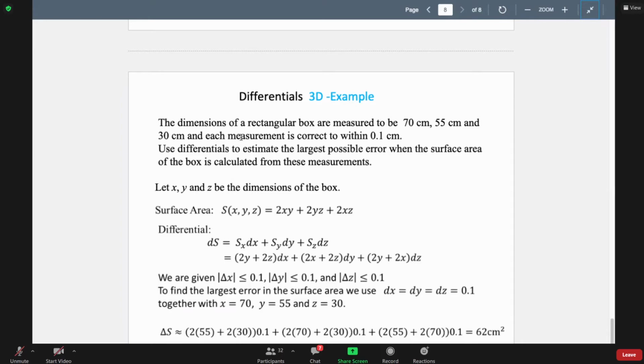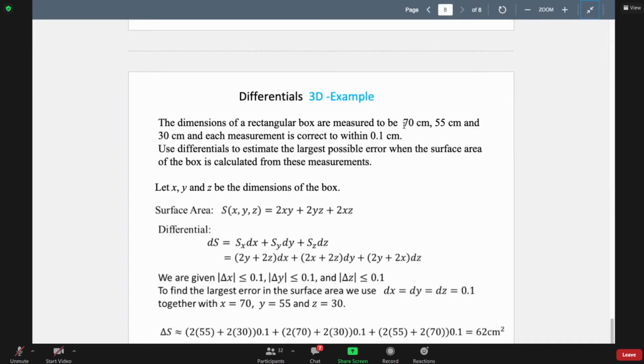Here is an exercise. The dimensions of a rectangular box are measured to be 70 centimeters, 55 centimeters, and 30 centimeters. And each measurement is correct to within 0.1 centimeters, 1 millimeter.